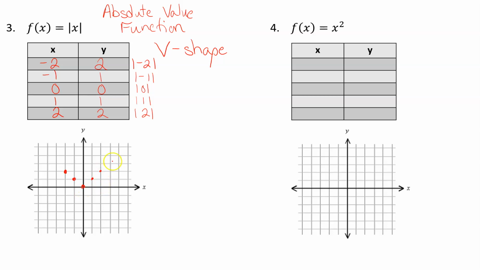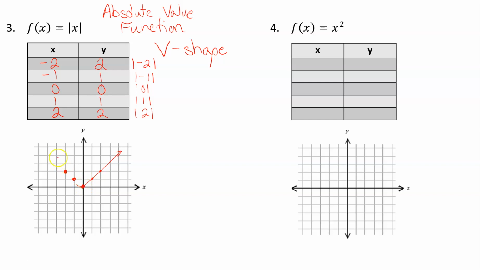And so you can see the points are in the arrangement of this V shape. And it actually does have a sharp point. So over here on the right side, I'm going to start at the vertex, which is what this origin would be, and go up to the right. You could use a straight edge on this graph as well. And then on the other side, straight.